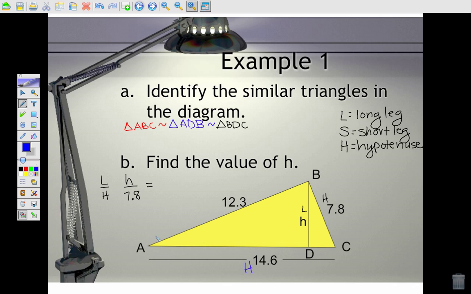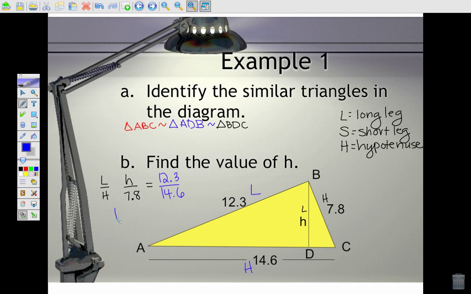That's a hypotenuse of a different triangle. And the 12.3 is the long leg of the same triangle as 14.6. So those are parts of the same triangle, L over H, so I can go ahead and put those together. So if I had L over H before, I'm going to put 12.3 over 14.6.